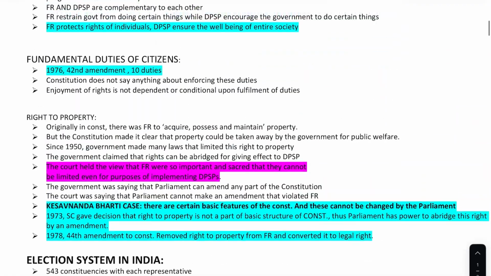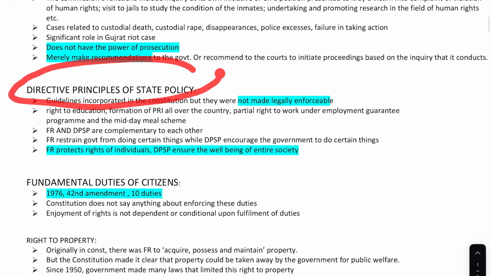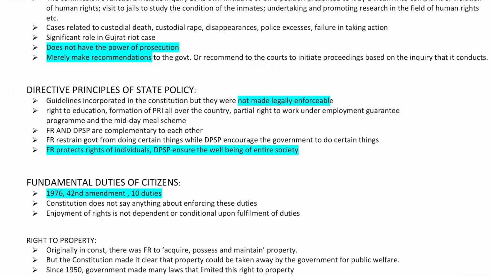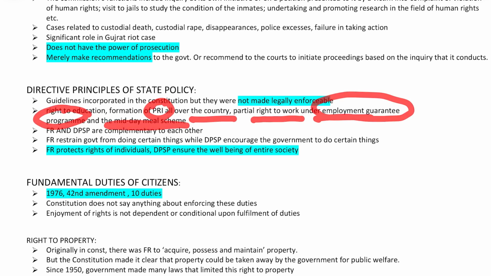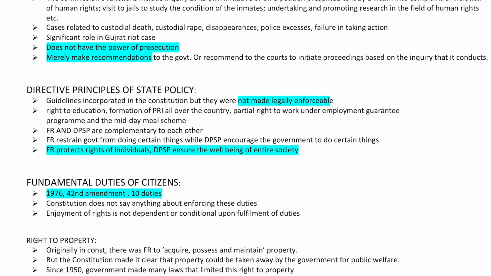Then moving to the DPSPs. These are guidelines incorporated in the Constitution, but they are not made legally enforceable. Right to education, formation of Panchayati Raj institutions all over the country, partial right to work, underemployment guarantee programs, and the midday meal scheme. These all are implementations of the DPSPs.